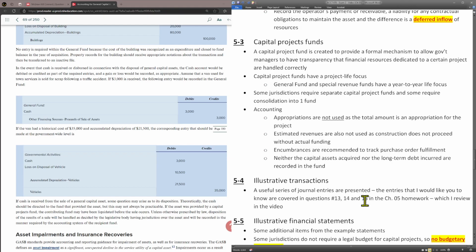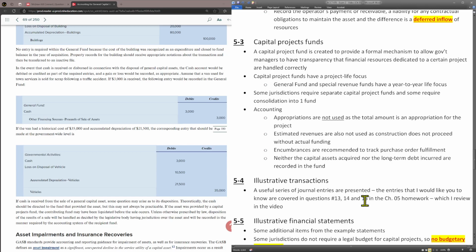Now let's look at some of the general fund accounting that we need to keep on top of with a capital project fund. Remember, we spent a bunch of last chapter talking about the budgetary accounts, the estimated revenues, the appropriations, and the encumbrances, and how we track those. Well, a capital project fund is a governmental fund, so you would think that we would have those as well.